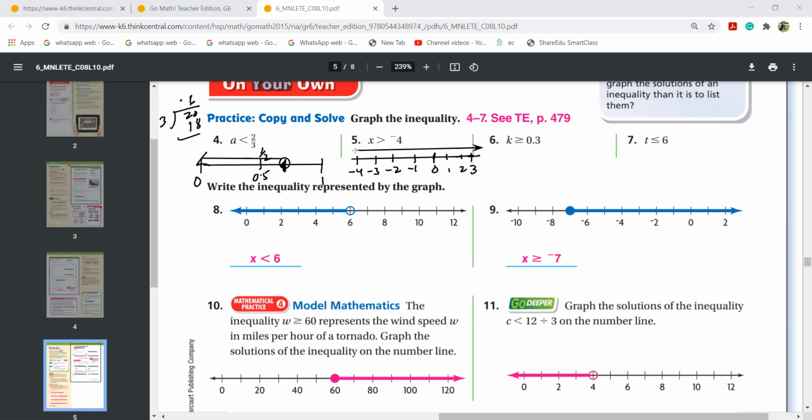Am I correct? And how about the circle? How will you make it? Filled. Now comes the filled circle.